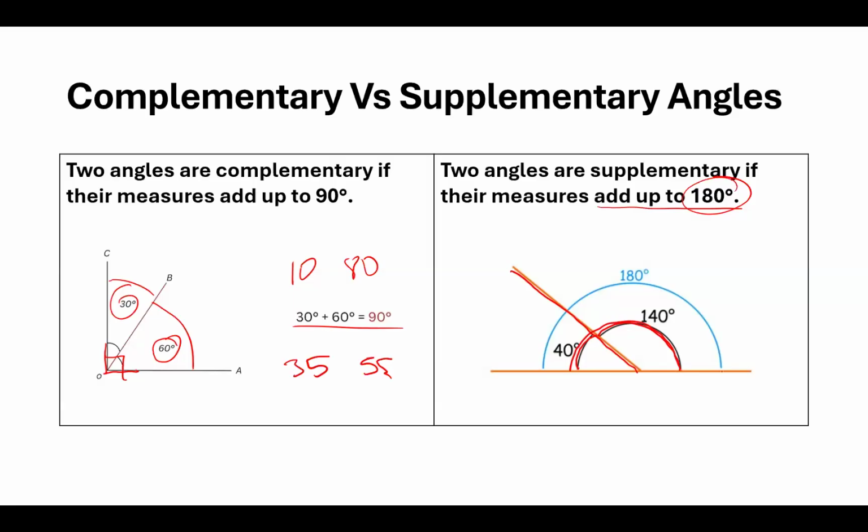So half of a circle, or the two angles fit on a line. And again, there are multiple examples. For example, 80 and 100 add up to 180. 90 and 90, those two are also supplementary because the sum is exactly 180.